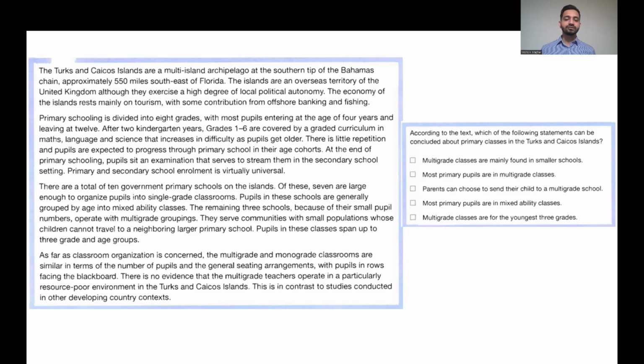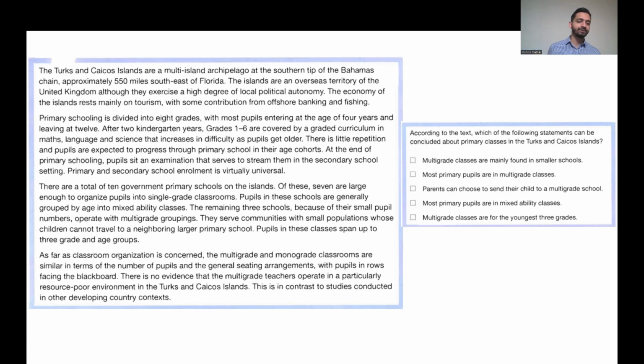They serve communities, small population, those whose children cannot travel to a neighboring larger primary school. Pupils in these classes span up to 3 grades and age groups. We've got 3 grades. It doesn't have 1st to 6th grade or whatever. It has only 3 grades because they're multi-grade.